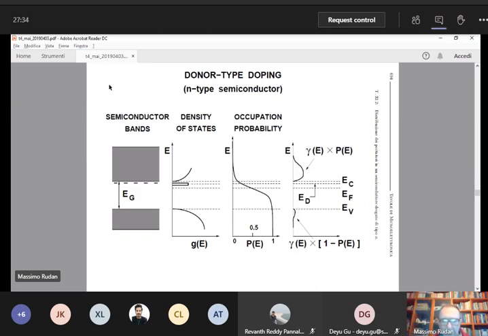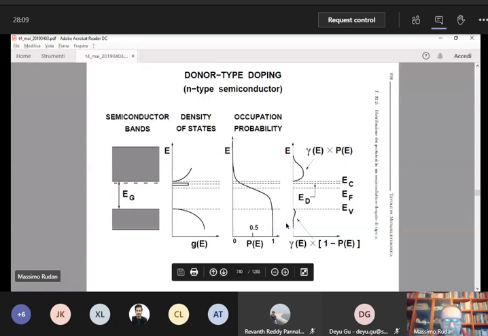So you can see that the area subtended by this curve, gamma times P, is larger than the intrinsic case. In contrast, the area of gamma times 1 minus P is smaller. So we have many more electrons and fewer holes with respect to the intrinsic case when we consider a semiconductor of the N-type, okay?